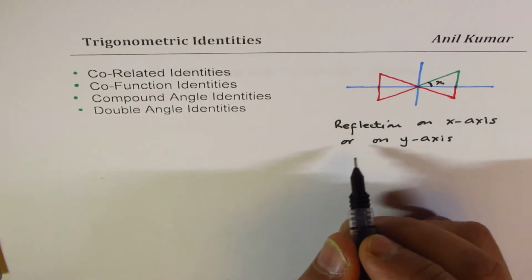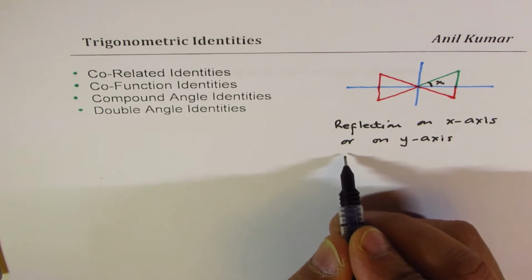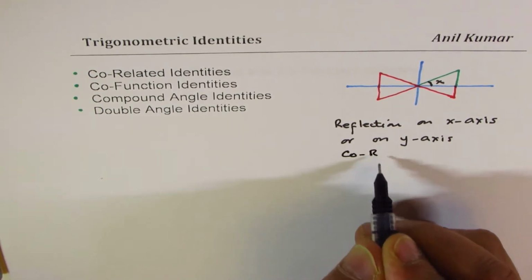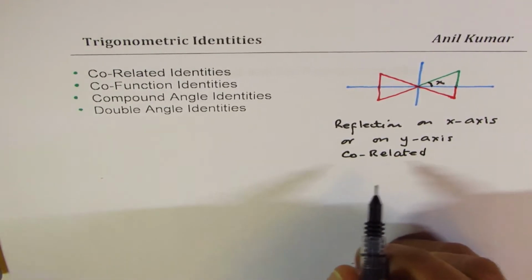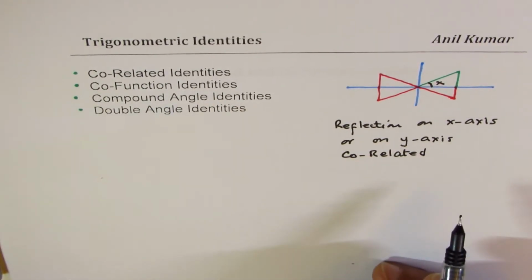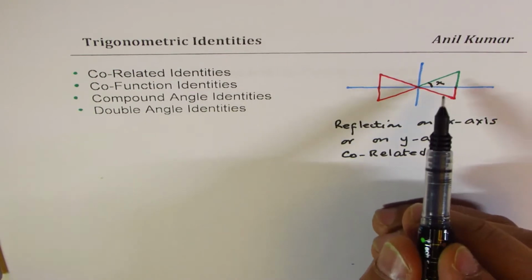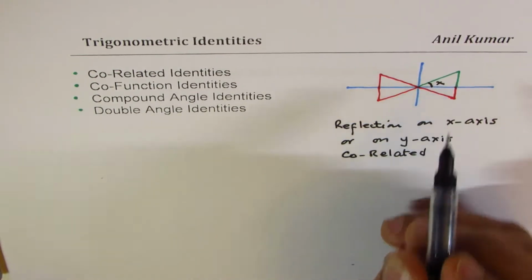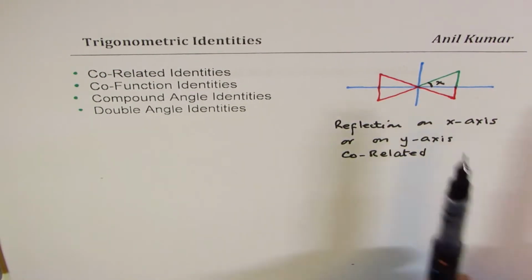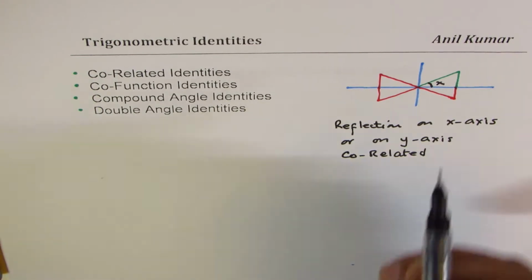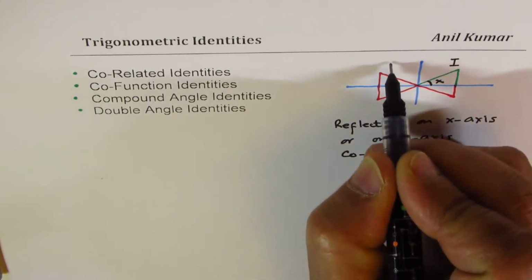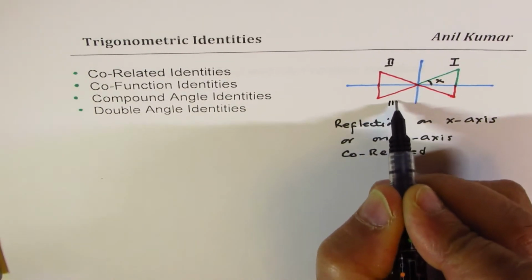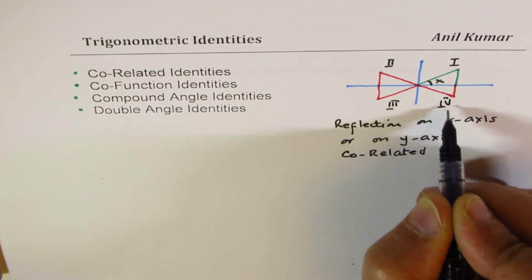These are related and we call them correlated. I'll get back to the term identities also. What you notice here is that the triangle we are talking about remains the same. We only worry about the quadrant. This is quadrant 1, quadrant 2, quadrant 3, and that is quadrant 4.